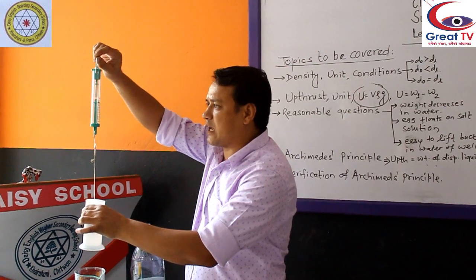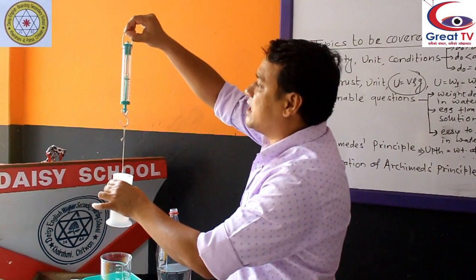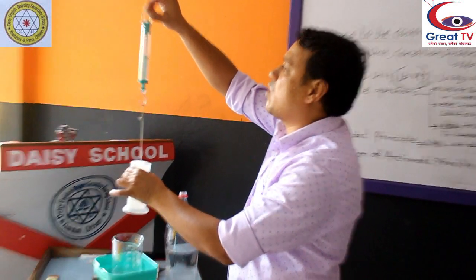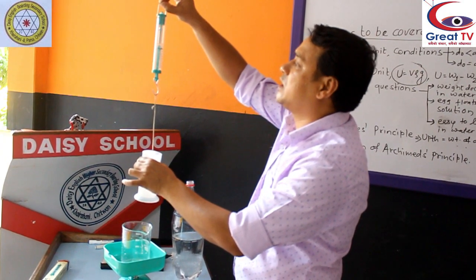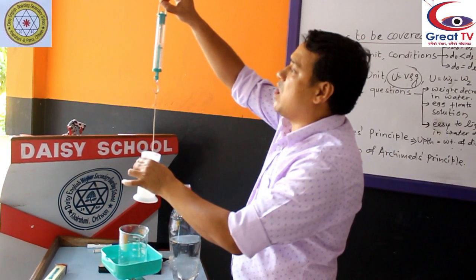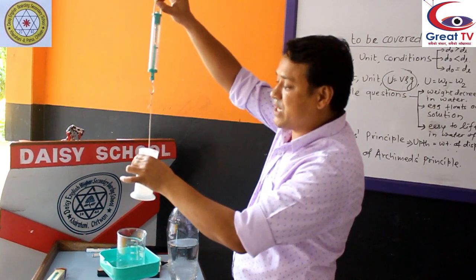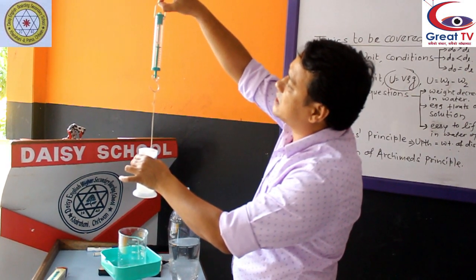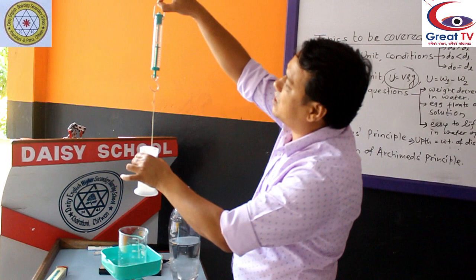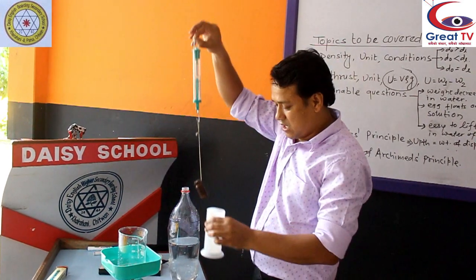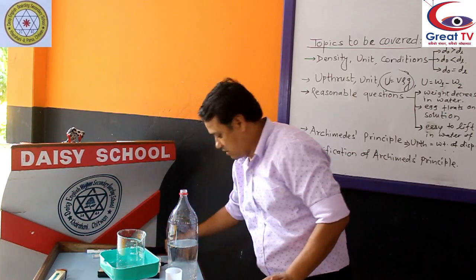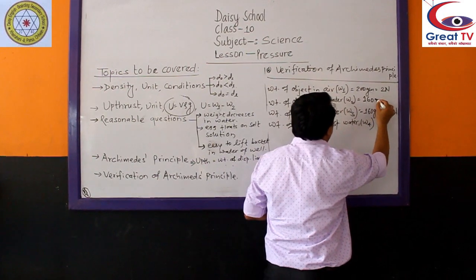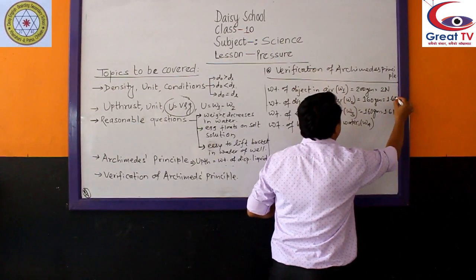So here I can see the weight of this object in water is 160 gram. It means again 1.6 Newton.